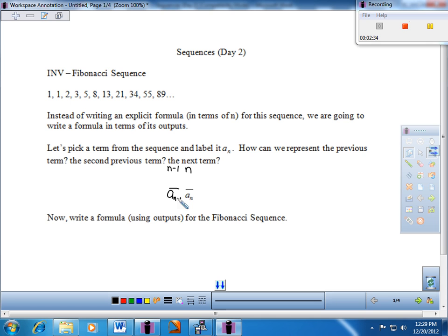Now, Fibonacci is all based on, as we saw yesterday, adding the two previous terms. So it's going to be a little unique compared to some of the other patterns that we're going to see today. But Fibonacci requires us to have the two previous terms added together. So it's going to benefit us to represent that second previous term as well. If I go back in my little continuum here, this is n minus 1.